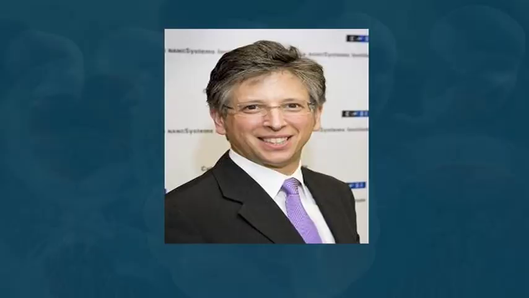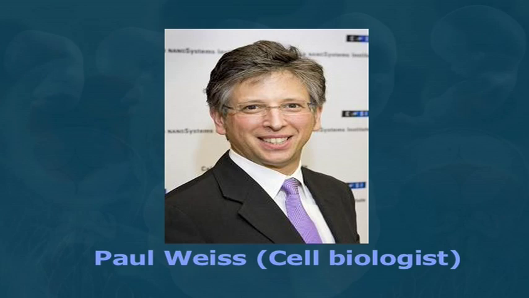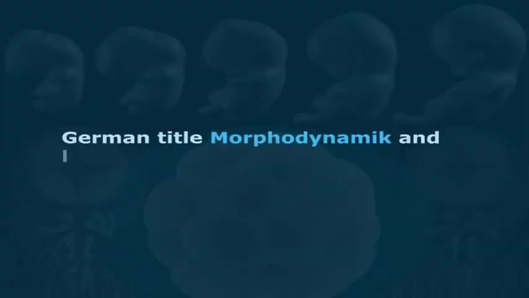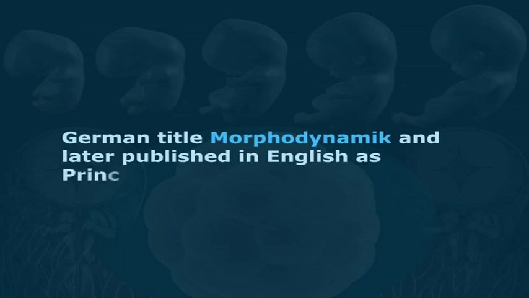The need for new concepts to bring order to the complexities of morphogenesis was anticipated by earlier investigators such as the cell biologist Paul Weiss, whose influential textbook of developmental biology was first published under the German title Morphodynamik and later published in English as Principles of Development.